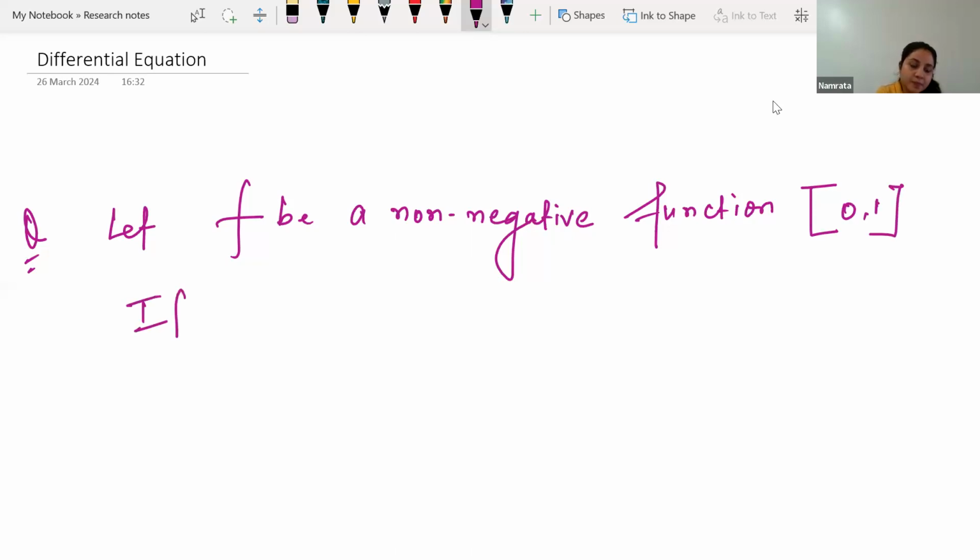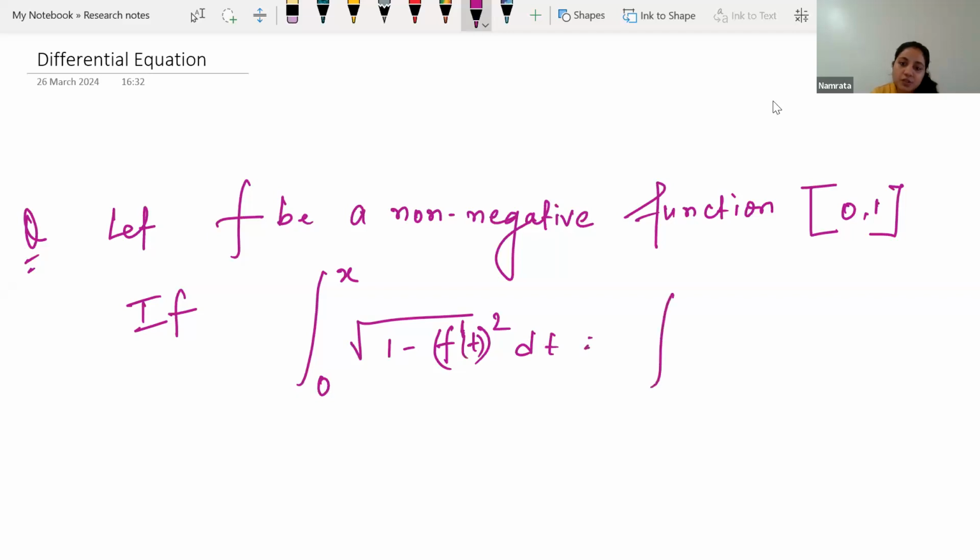If the integration from 0 to x of square root of 1 minus (f dash t) squared dt is equal to the integration from 0 to x of f of t dt, where x lies between 0 and 1, and f of 0 is equal to 0.